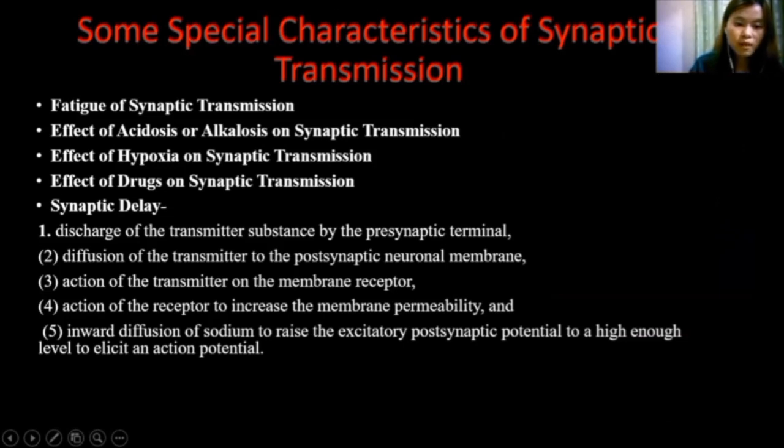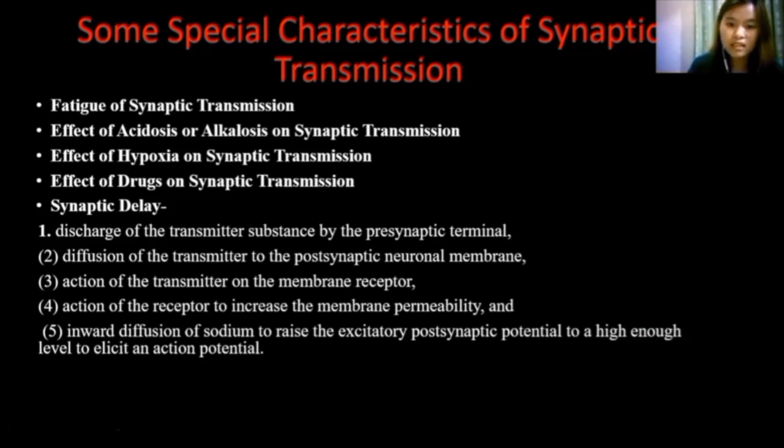There are some special characteristics of synaptic transmission. First is fatigue. When excitatory synapses are repetitively stimulated at a rapid rate, the number of discharges from the postsynaptic neuron is at first very great. But in the succeeding seconds, this will cause fatigue, and the firing rate will become progressively less.